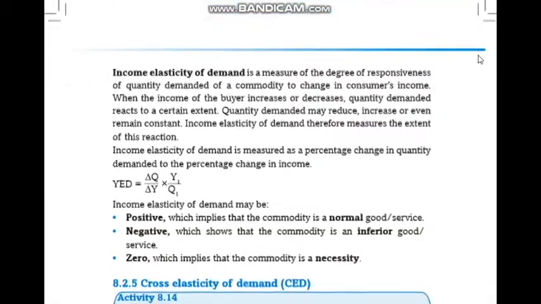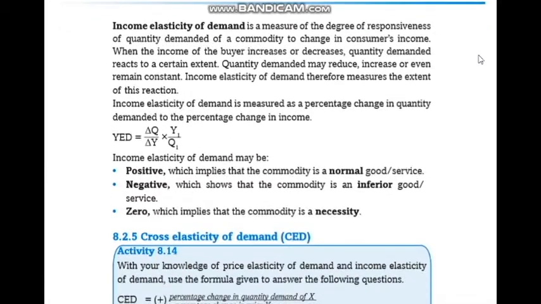So, income elasticity of demand is a measure of the degree of responsiveness of quantity demanded of a commodity to change in consumer's income. Kuvuga ngo ni percentage, igaragaza percentage of quantity demanded of a commodity to change in the consumer's income. When the income of the buyer increases or decreases, quantity demanded reacts to a certain extent.